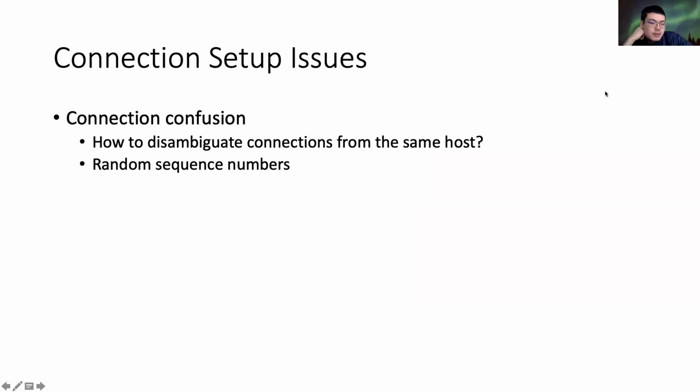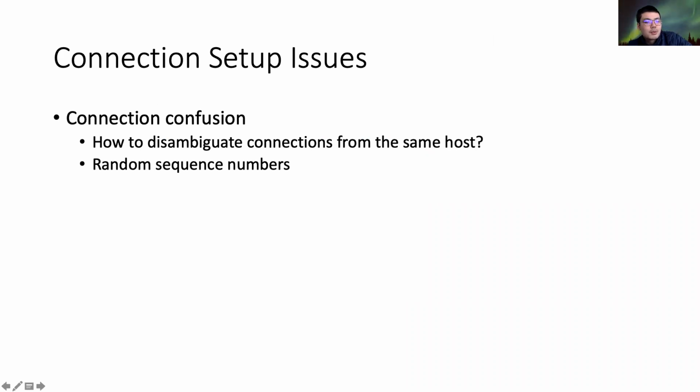There's still some chance that, after a connection is torn down, the connection will remain effective for a while, as we will see, because you need the other side also to tear down. So you need to remain open for 30 seconds or 1 minute or so. In that case, if you now establish a new connection and unfortunately use the same port numbers, then there will be confusion. This is called connection confusion.